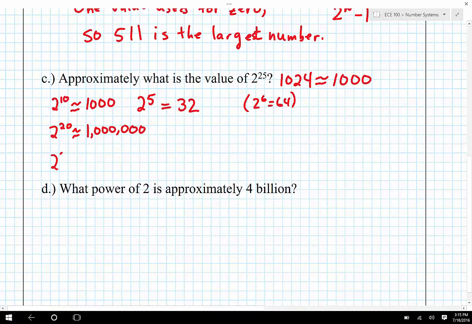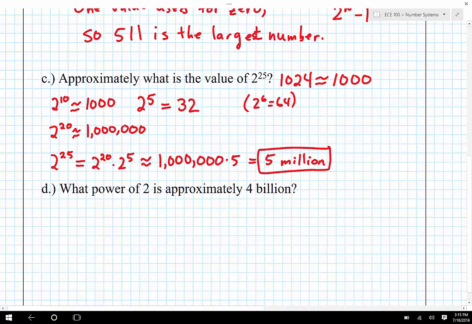And therefore 2 to the 25th is exactly equal to 2 to the 20th times 2 to the 5th, which is approximately 1 million times 5, which would be equal to 5 million.